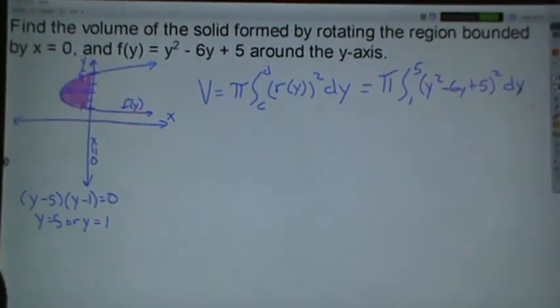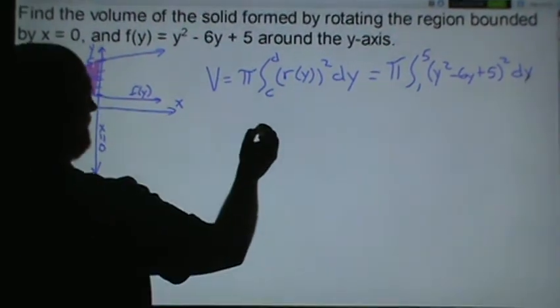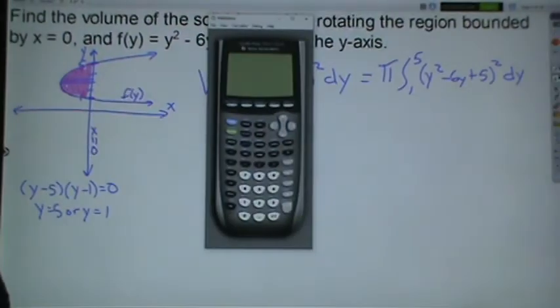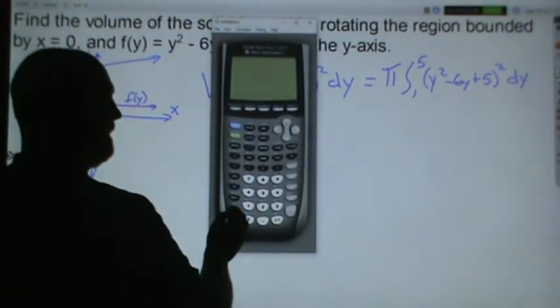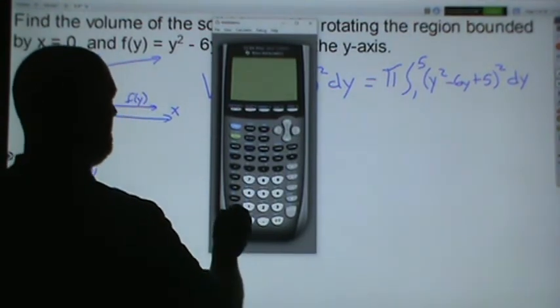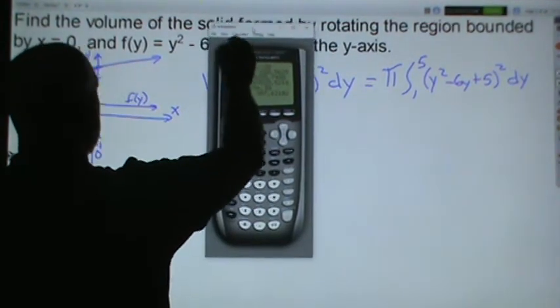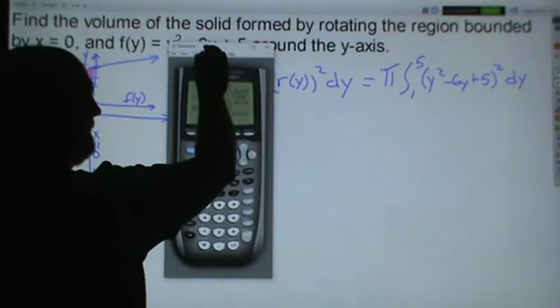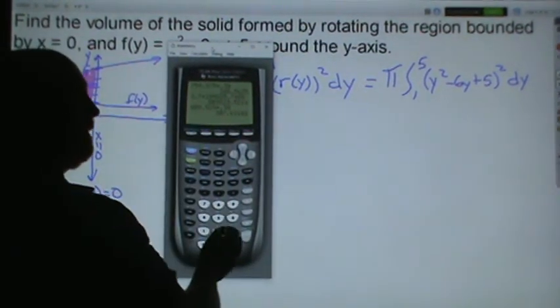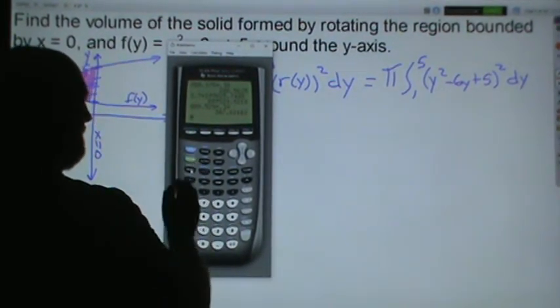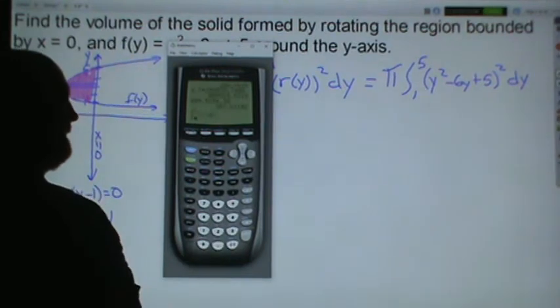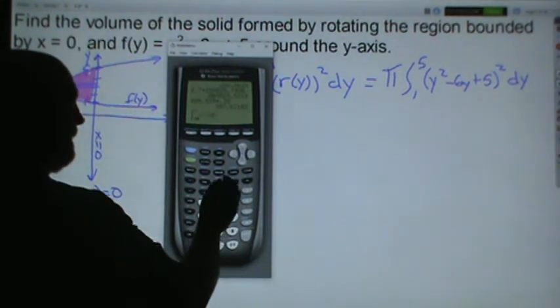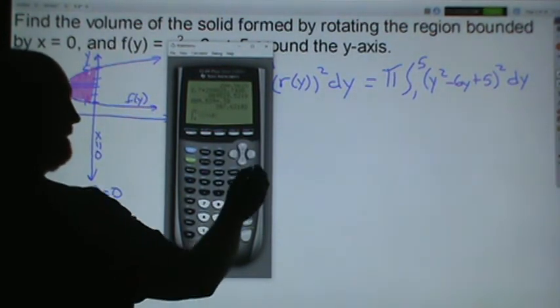So I could multiply that out, or I could just put it in my calculator. And for time's sake, let's just put it in our calculator. I'll probably leave my answer in terms of pi because it didn't tell me to round anything. So I will type in math, and I'll go with 9. I'm going to go from 1 to 5.